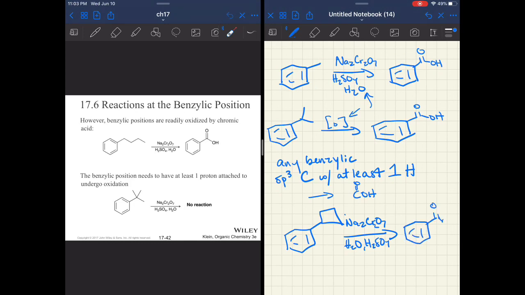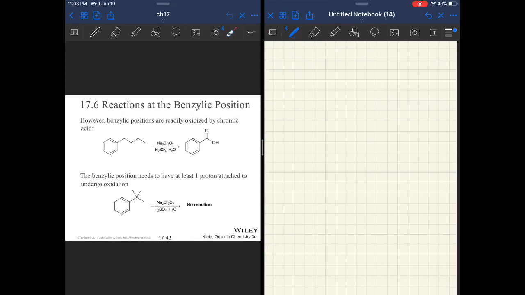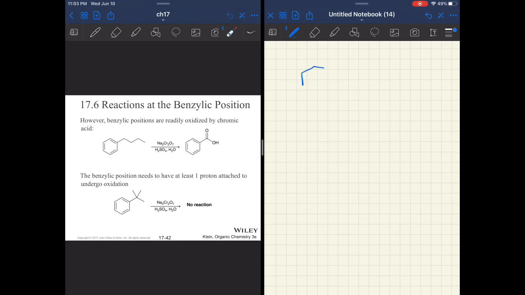It will be converted. One way I like to test you on these questions, you'll see some in the practice tests. This is kind of like hydrogenation. You typically have these reagents in excess. So they're not selective, and so they're going to oxidize whatever benzylic positions are around. So I might give you something like this. Maybe it's got an isopropyl group, and maybe it's got this substituted group.